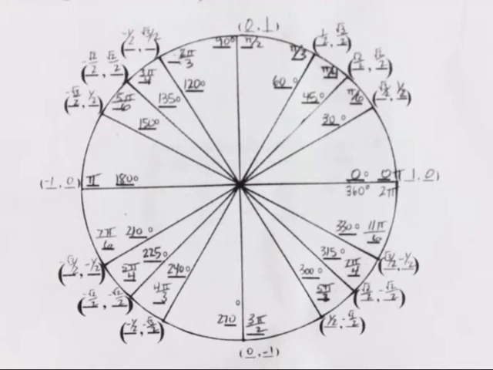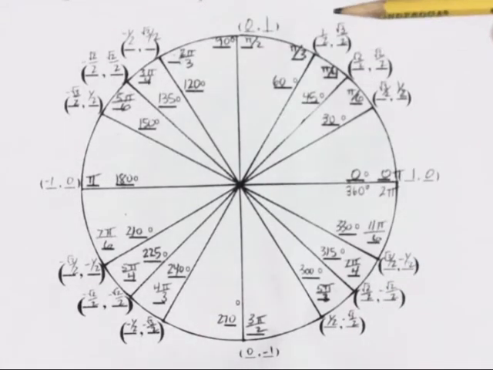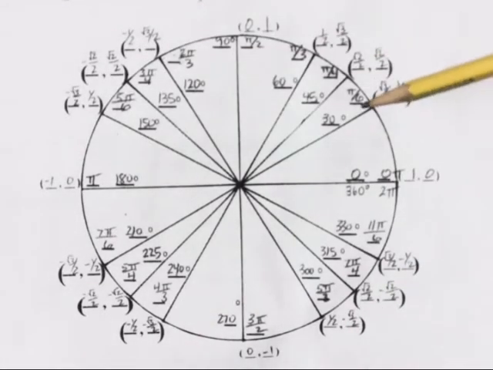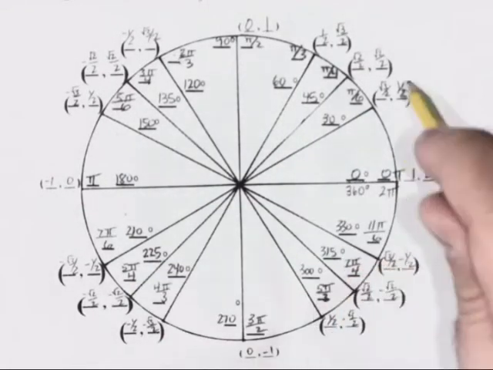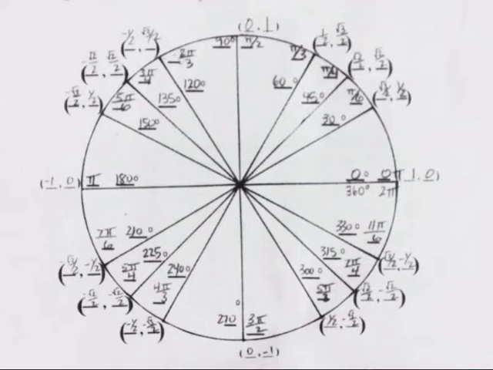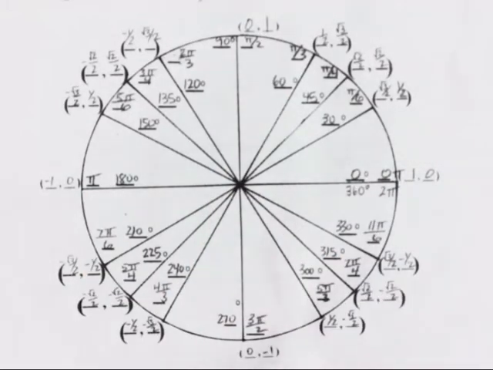And so we used those pieces of information to then go through the unit circle and find the x and y coordinates for all of these central angle measures. And so you've got the central angle measures in degrees, also in radians, and then the x and y coordinates at each of those points. And then we use the idea that the unit circle has radius of 1 to find the values at 90, 180, 270, and 360.